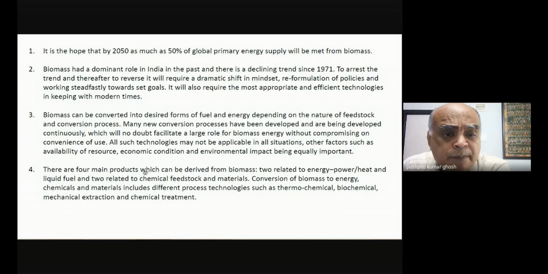There are 4 main products which can be derived from biomass, 2 related to energy: one is power and heat, and the other is liquid fuel for transportation. And 2 related to chemical feedstock and materials, because there are so many kinds of chemicals and materials. Like a jute bag, I take jute and make a bag out of it.